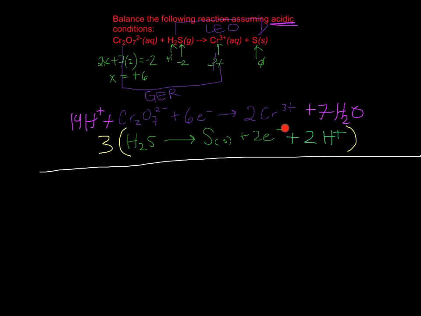When we do that, we'll have 6 electrons on the right-hand side and 6 electrons on the left-hand side, so they'll completely cancel out. So I'm just going to go ahead and add these two together.